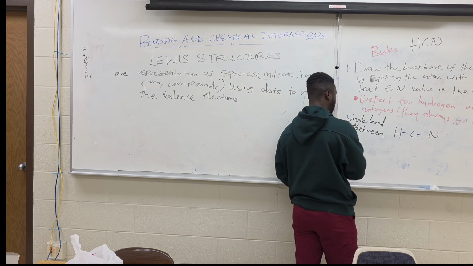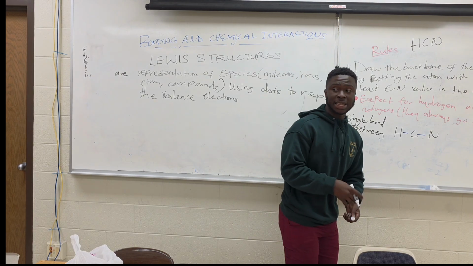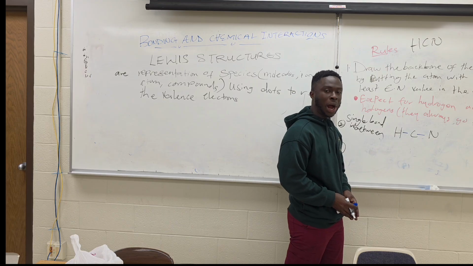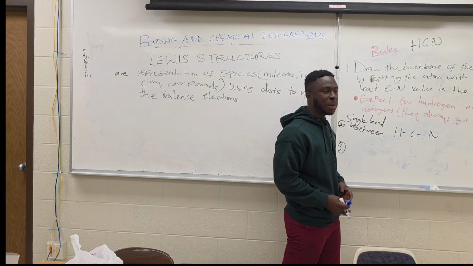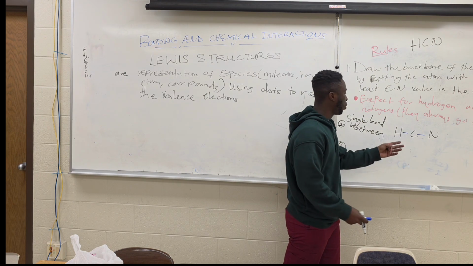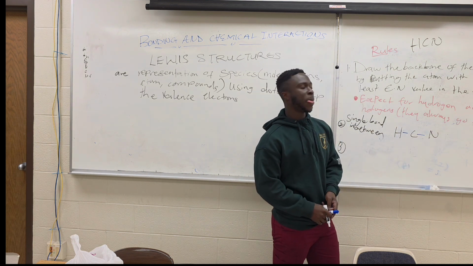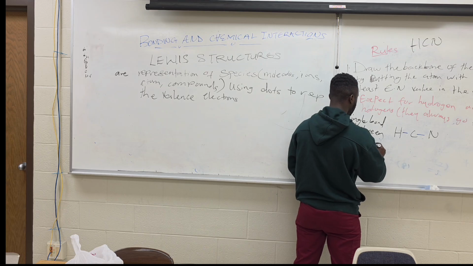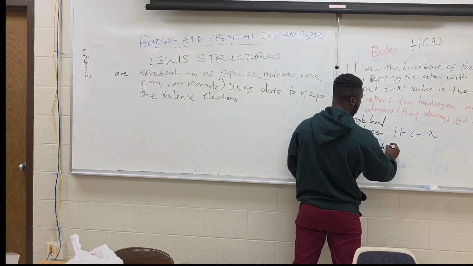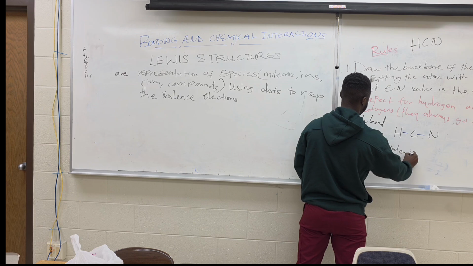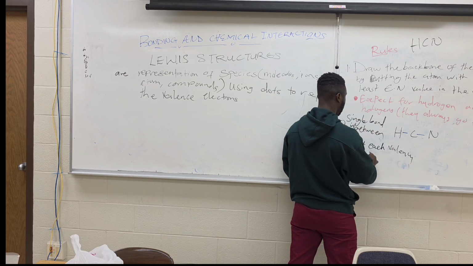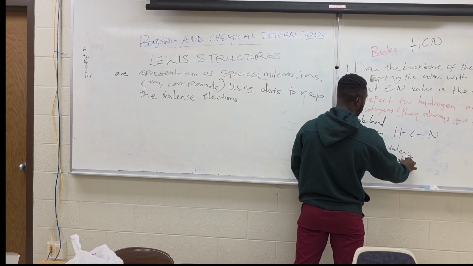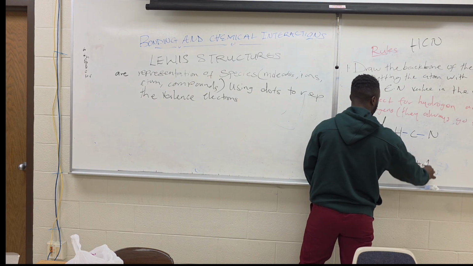Now rule number 3 is you count the valence electrons of each of the atoms in their neutral states, right? And then you add them up. After you add them up, the sum total will be the valence electrons for the entire molecule or compound. So you count the valency of the individual neutral atoms.